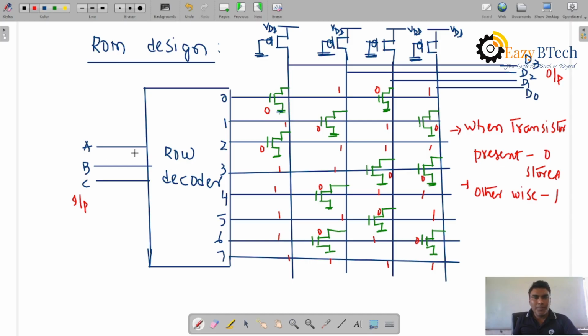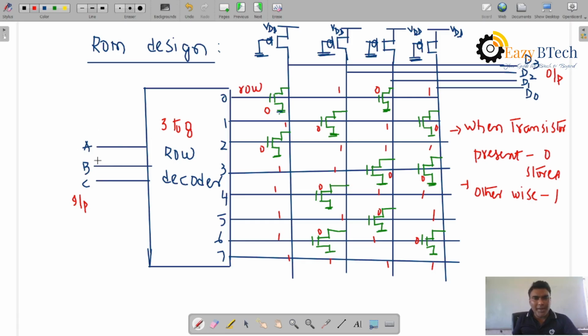So according to the selection of this address line, it is a 3 to 8 decoder, and there are 8 output lines. Each row represents an address location. This is a row selection according to the address line.